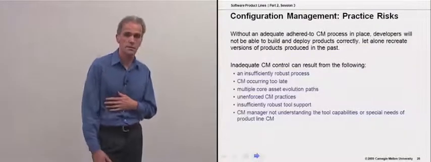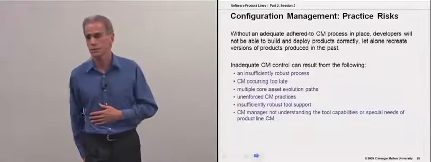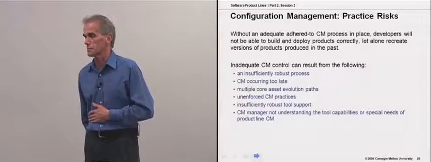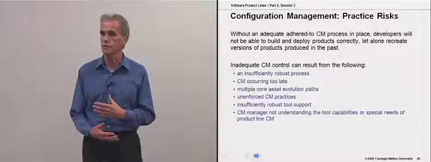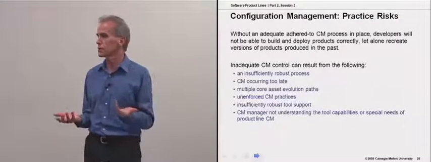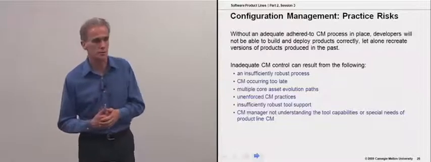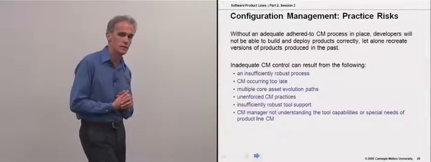Some of the risks in this are that you don't have a configuration management process, or you have one, but it's not particularly robust to manage the interrelationship between core asset development and product development.